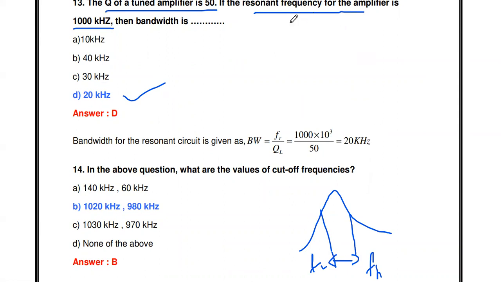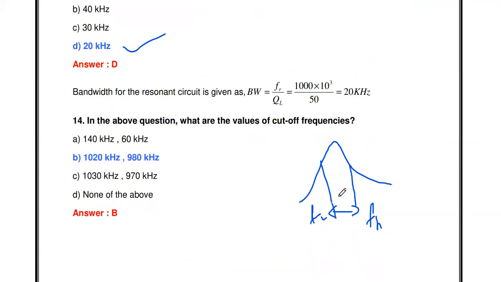So the bandwidth in the above problem is 20 kilohertz. The center resonant frequency is given as 1000 kilohertz. Then what about the lower cutoff frequency and upper cutoff frequency? The center frequency FR is 1000 kilo, and the total bandwidth is 20 kilo. So this half is 10, this half is 10. That's why the lower cutoff frequency is 1000 minus 10.